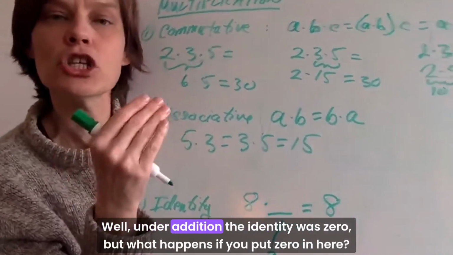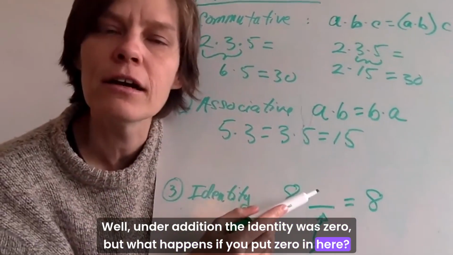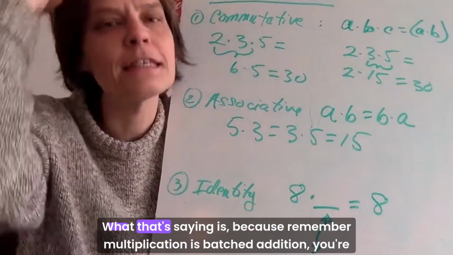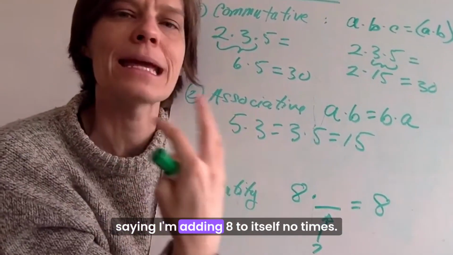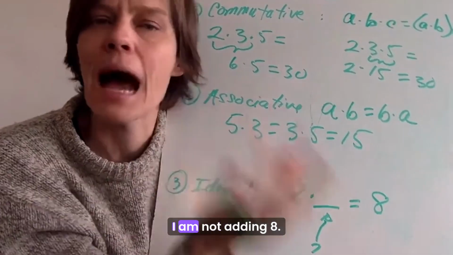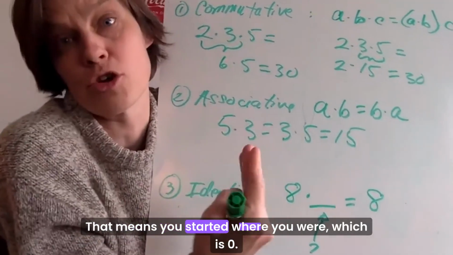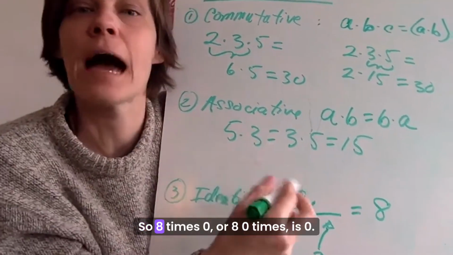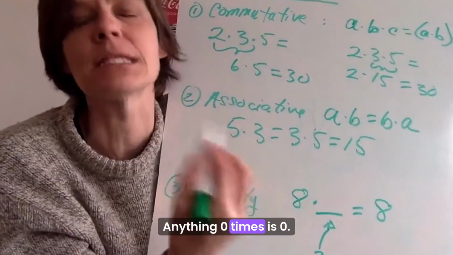Well, under addition, the identity was 0. But what happens if you put 0 in here? 8 times 0. Remember, multiplication is batched addition, so you're saying I'm adding 8 to itself no times. I am not adding 8. That means you started where you were, which is 0. So 8 times 0, or 8 zero times, is 0. Anything 0 times is 0.